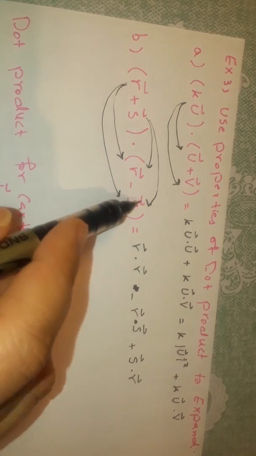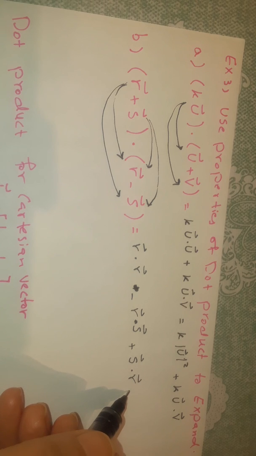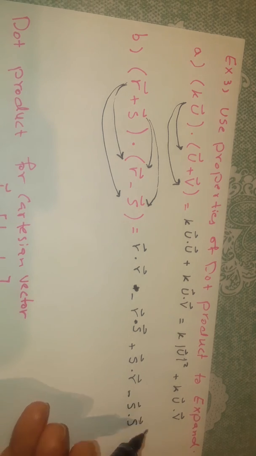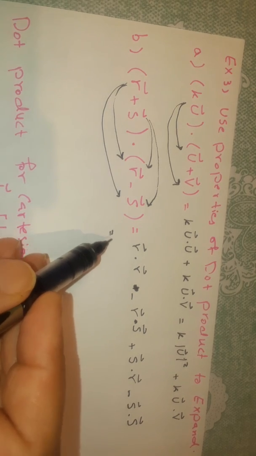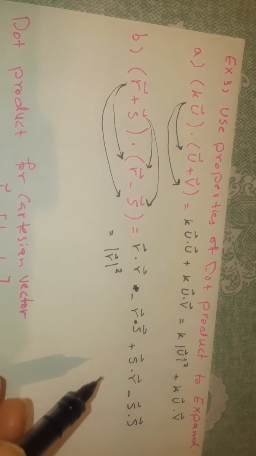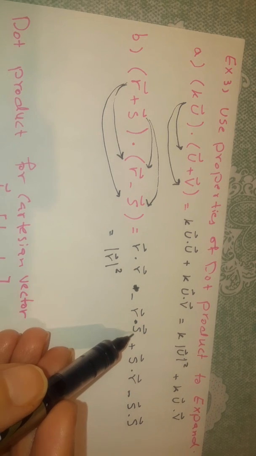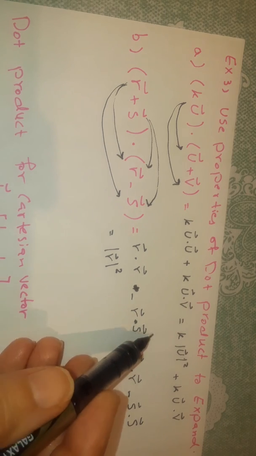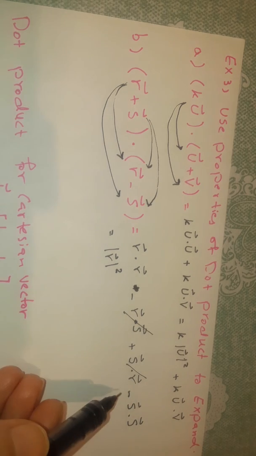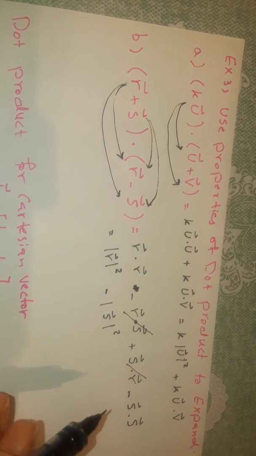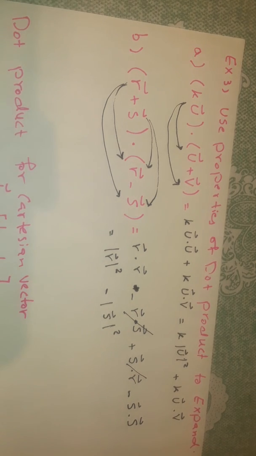And the s dotted to s, but there is a negative. So I want to note that this r dotted to r is the magnitude of r to the power 2. And I know the r dot s is the same as s dot r, so these two cancel each other. And again, s dot s is going to be the magnitude of s to the power 2. So that would be the result.